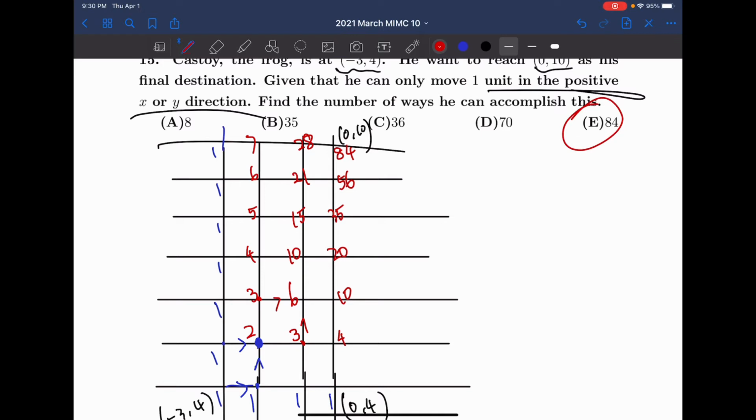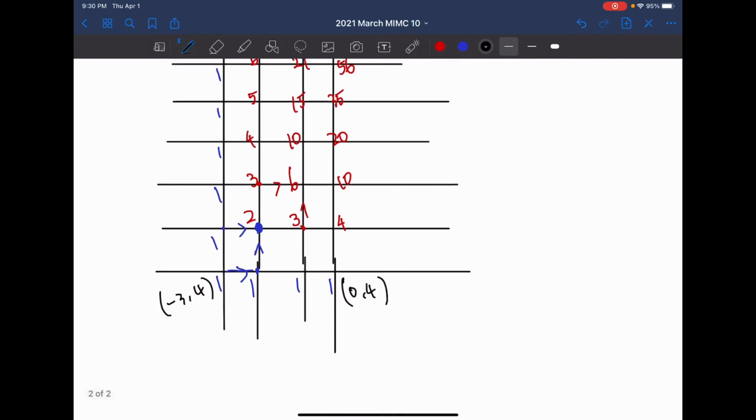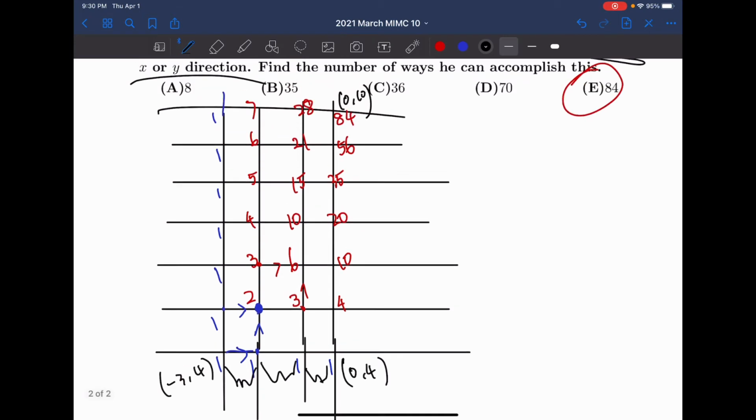And there's also a very, very easy solution to this problem as well. We realize that the frog wants to go right 1, 2, 3 times, and wants to go up 1, 2, 3, 4, 5, 6 times.